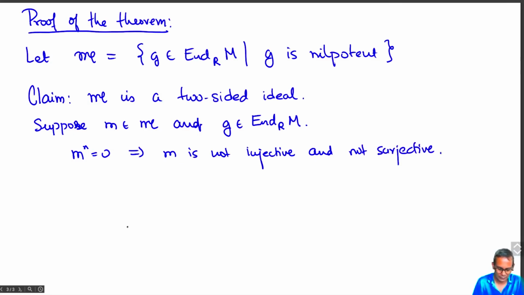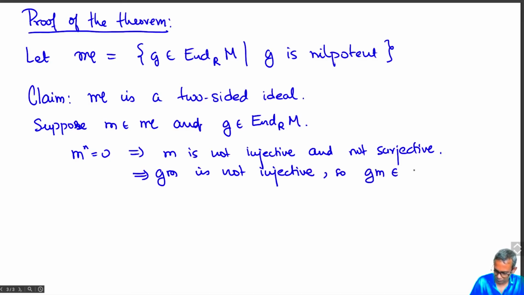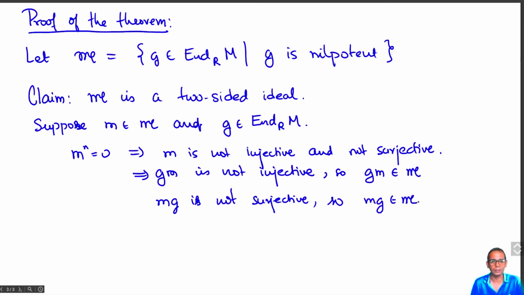So that means that if you take g times m, this is not injective. So it's not a unit, but we saw that every element that's not a unit is in M. And this also implies that mg, the original statement here, is not surjective, because m is not surjective, so mg again belongs to M, because the complement of M consists only of units.